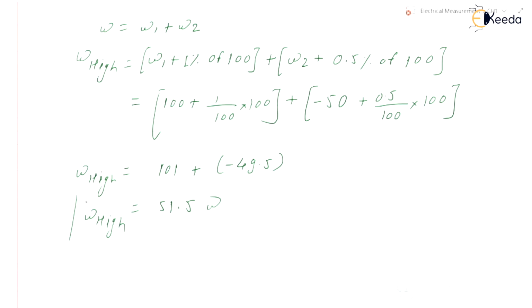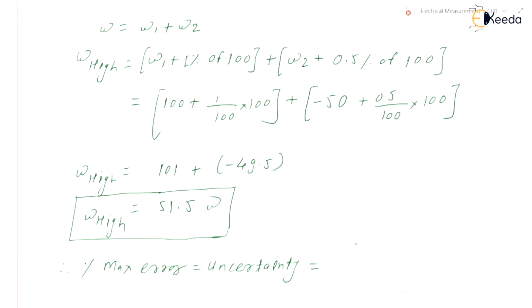Similarly, we can find W low, or the lowest W. In that case we need to put a minus here and also a minus here. Therefore the percentage maximum error, the uncertainty, is equal to the measured value, that is 51.5, minus the true value, that is 50, divided by the true value 50, into 100.